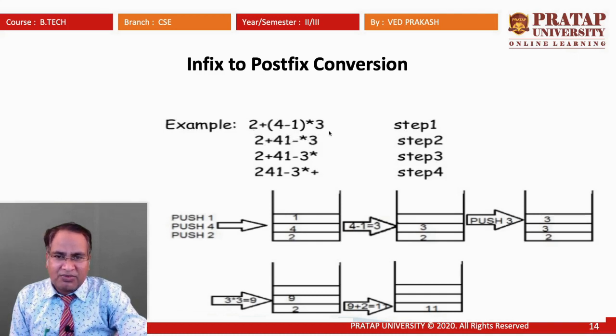So, in this expression we consider here that parentheses have the higher precedence. So, I have to solve this part first. Here 4 minus 1: 4 is data and 1 is data and minus is the operator. So, I will put together 4 and 1, and after that I will put the operator minus.